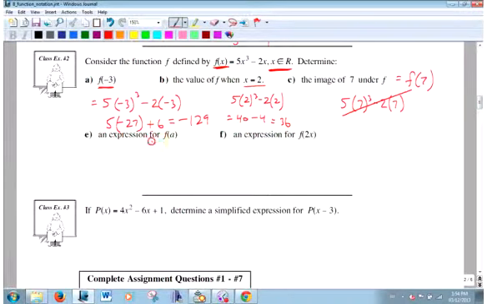All right, what's f of a? It's exactly the same thing. Wherever there's an x, you put an a, right? So 5 times a cubed minus 2a. Is anybody telling me what a is? No. So that's all I can do. Okay, that's f of a.